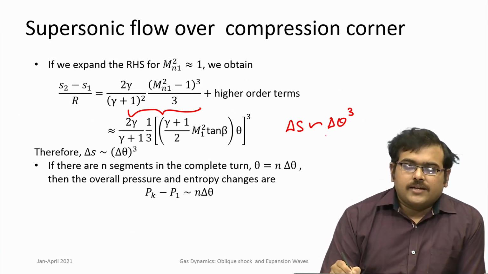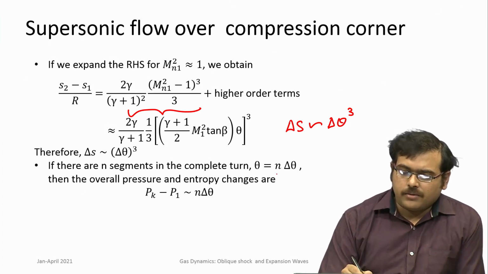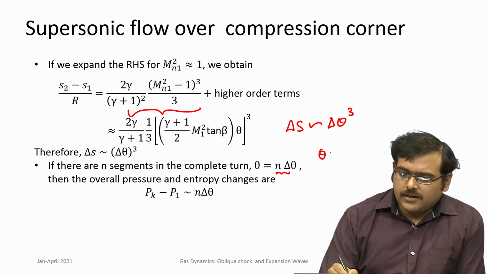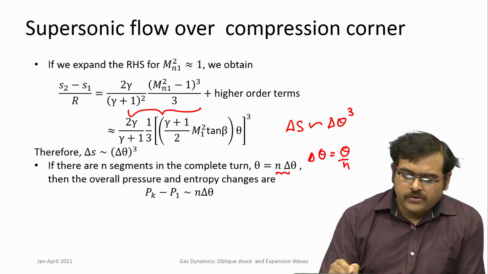Now what is delta theta? If you divide this turn into n number of turns, then delta theta is theta by n.